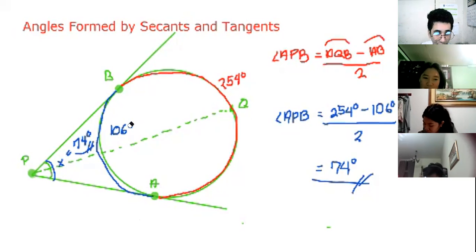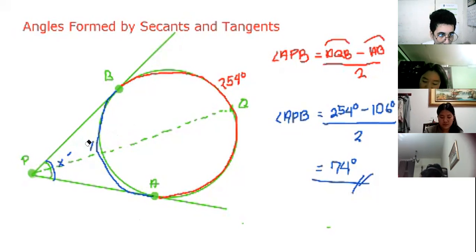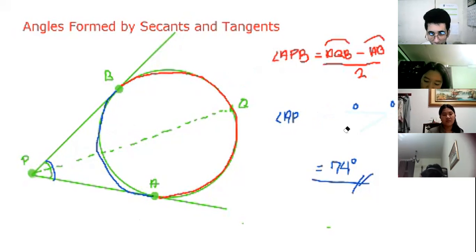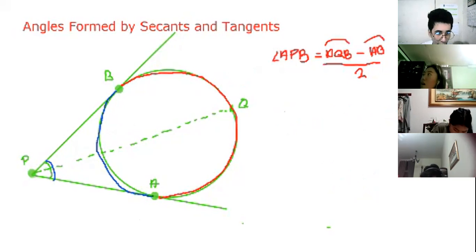So, let's try this one. Paano naman pag ganito nangyari? So, let's assume that this one is 50 degrees. So, what is the measure of this one and this one?